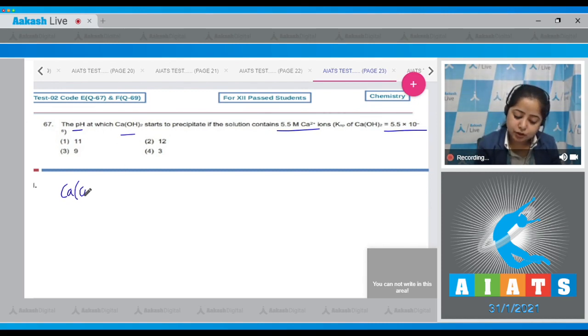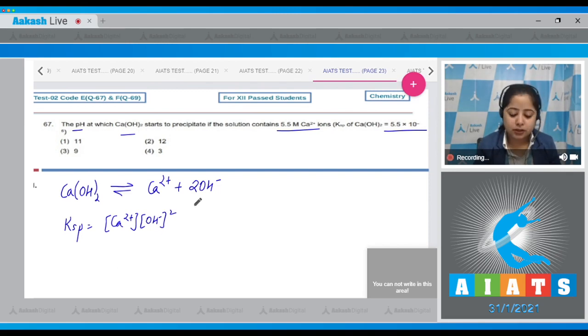We know that calcium hydroxide gives Ca2+ and 2 OH- ions. Ksp is equal to the concentration of Ca2+ times the concentration of OH- whole squared. So first we will calculate the concentration of OH- ion, which is equal to Ksp upon concentration of Ca2+ ion.